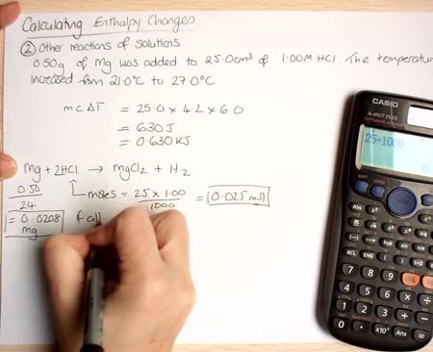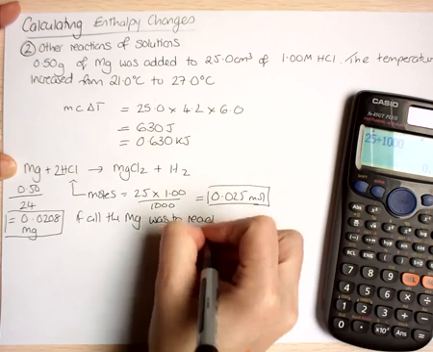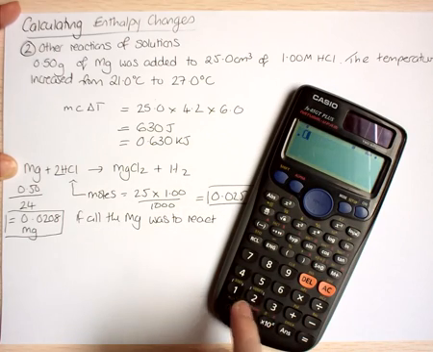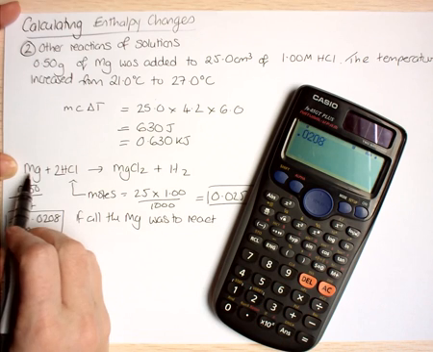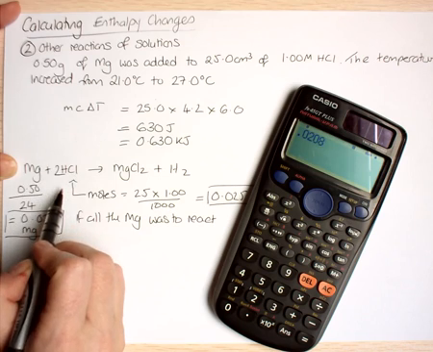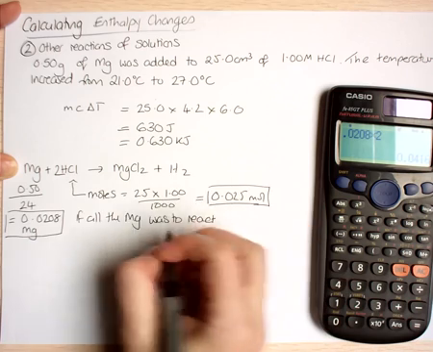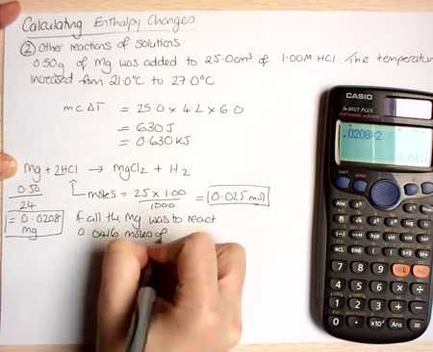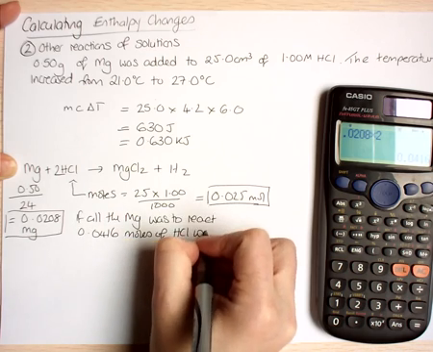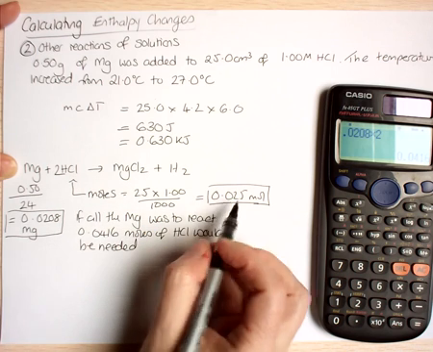So if all the magnesium was to react, 0.0208, you would have to times the number of moles of magnesium by 2 to get the number of moles of hydrochloric acid that reacts with. 0.0416 moles of HCl would be needed. Do I have that number of HCl?